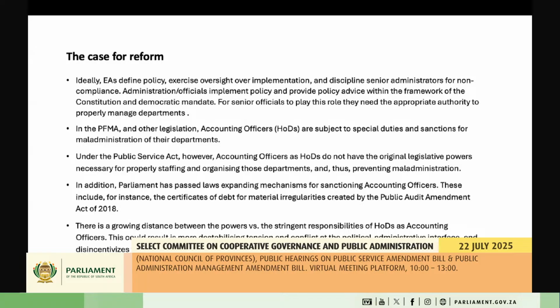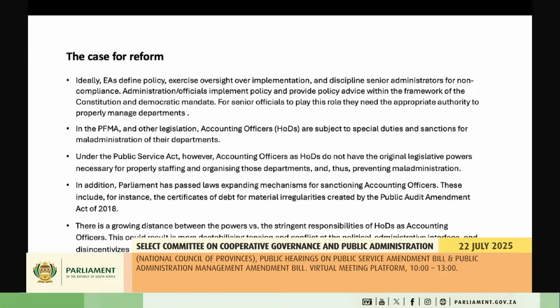And for senior officials, especially HODs, to play this role, they need the appropriate authority to manage their departments. The NDP and many other commentators and the DPSA have noted the misalignment between the fact that in the PFMA and also now under other legislation, accounting officers are now subject to special duties and sanctions for maladministration in the departments.